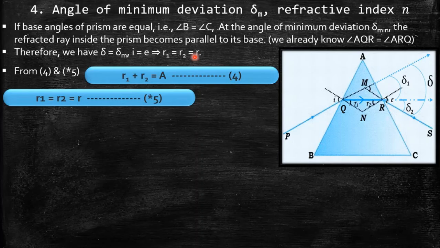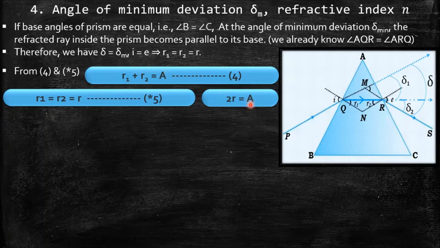What would you get? Obviously, you can clearly infer that if R1 is equal to R2 as R and R1 plus R2 is equal to A, you get R plus R is equal to A, right? Which gives you that 2R is equal to A.